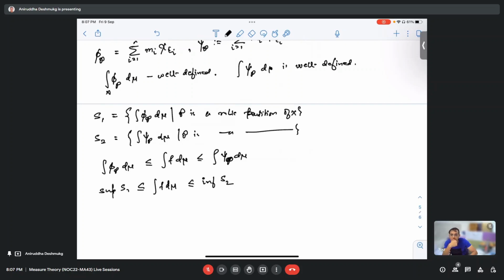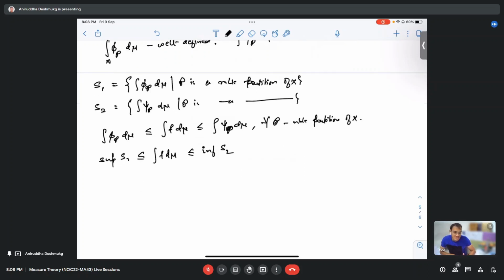In S1, P is a measurable partition of X, and P is varying, so I can take the supremum over all those P's. The supremum of S1 cannot exceed the integral of f, because for every P we have this inequality. Similarly, the infimum cannot be less than the integral of f.